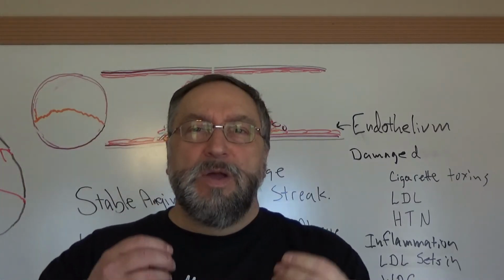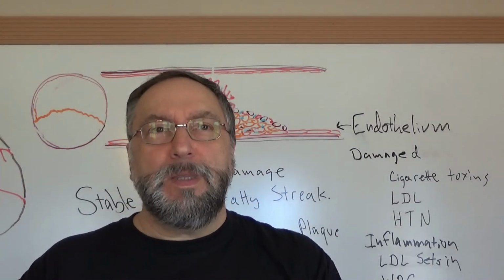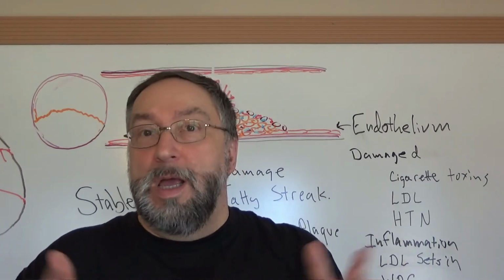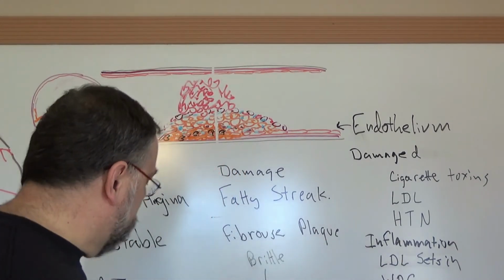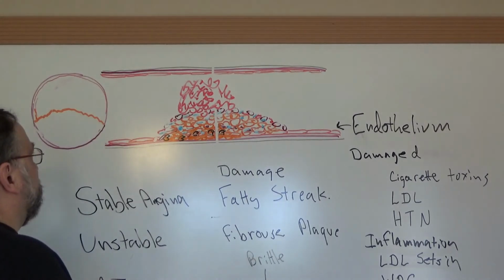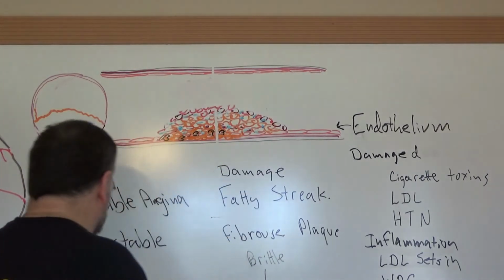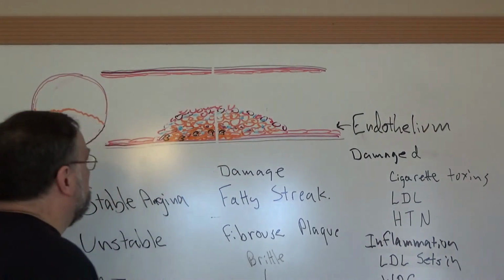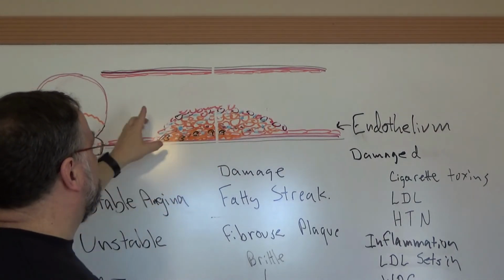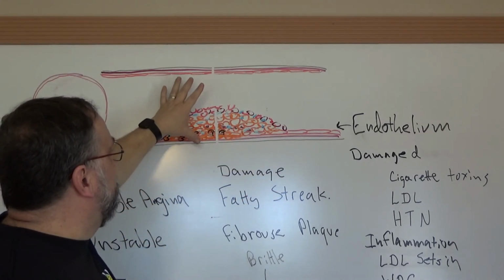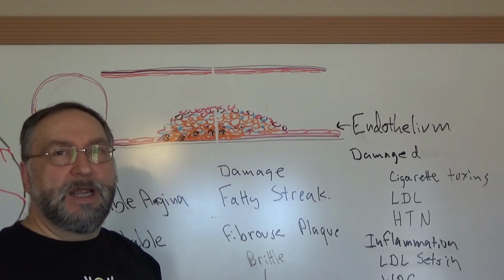When they have stable angina, nitro helps really well. How come? Well, if you think about it, let's go back and look at stable angina again. This is all open here, right? And you've got half of that cut off. They're really active. What happens when you take a nitroglycerin?